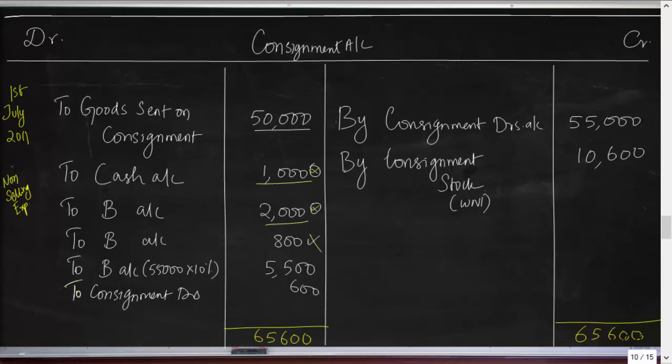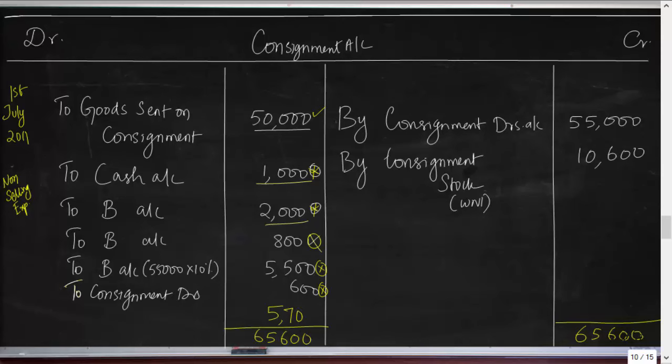This will throw some difference on the debit side. On the debit side, we have items like goods sent on consignment, cash incurred by consignor, 2000 plus 800 by consignee, 5500 by consignee again, then 600 on account of bad debts. It means there is going to be a balancing figure of 5700.